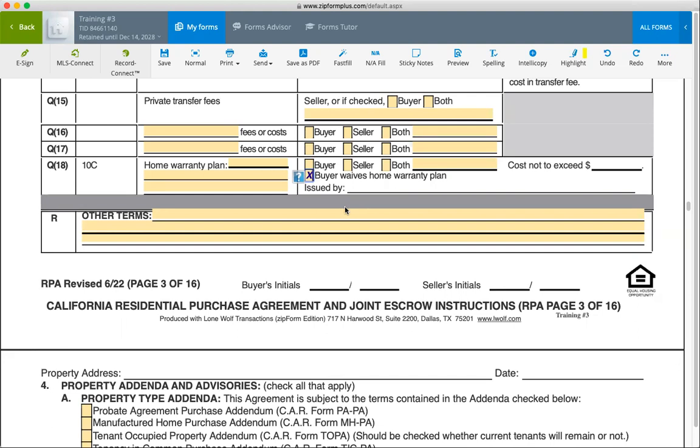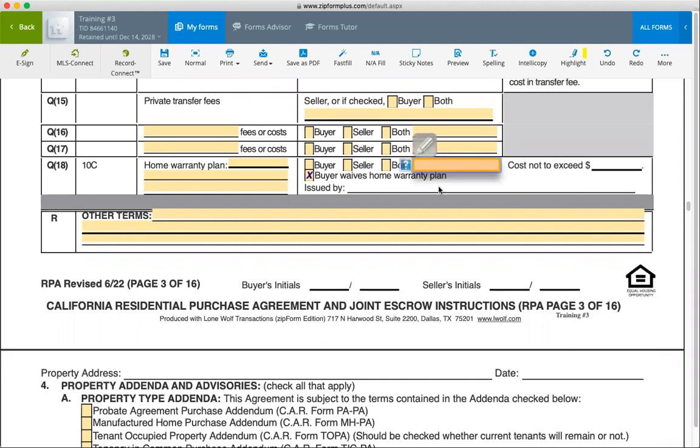So that could help us down the road if we happen to get into some kind of legal mess and we need to rely on our E&O insurance, or omissions insurance. It's a good thing that the buyer has a plan either provided by the seller or someone else, or the buyer waives.